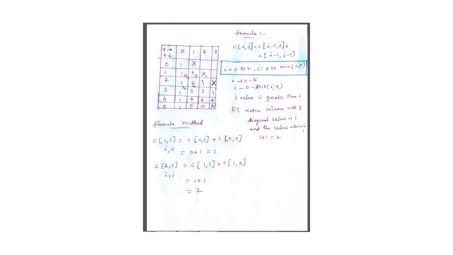So 5C3 is 10. Now, by using the dynamic programming concept, we are going to compute the binomial coefficient. So to find the binomial coefficient of 5C3 using dynamic programming, here n is taken as 5 and r is taken as 3.